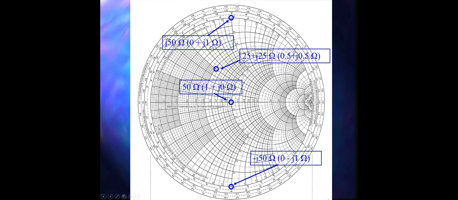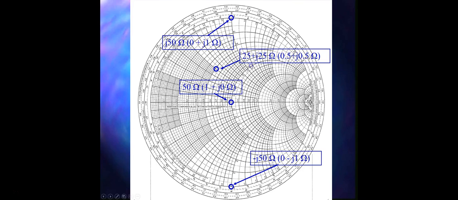And similarly, if it is the case for the capacitive reactance, then we know that it is going to be below the real axis, so that's why it is here. And you can see there after 0.9 the 1 will come, so this point represents the negative j1 reactance.